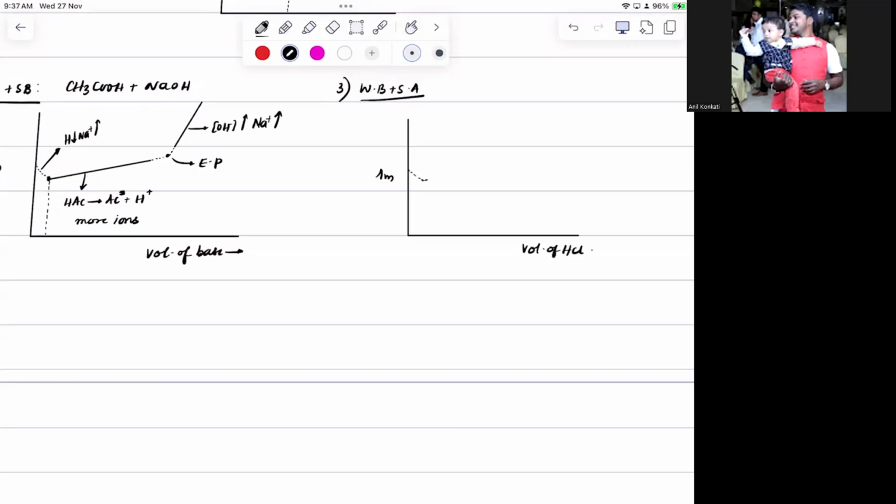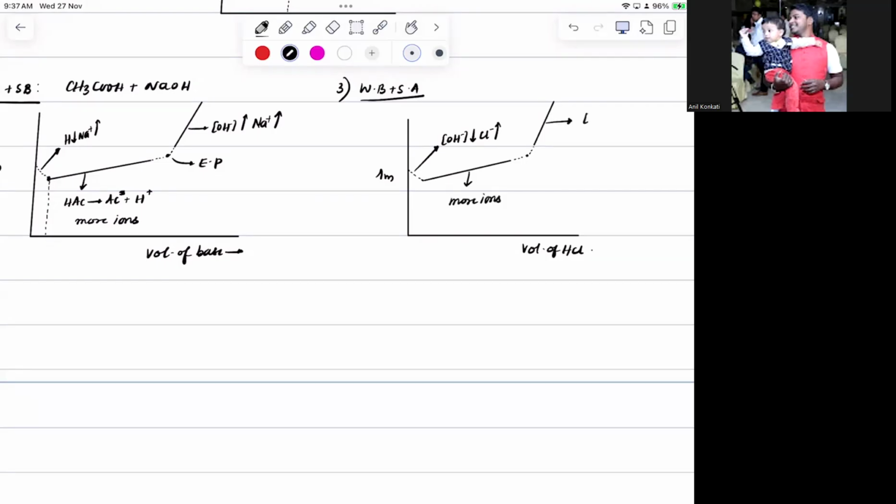Initially it will decrease, then it will start increasing, reach a neutral point, and from there it will increase again. Here, OH minus concentration is decreasing and Cl minus concentration is increasing. More ions are forming, that's why it is increasing.